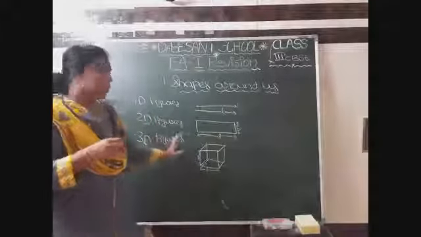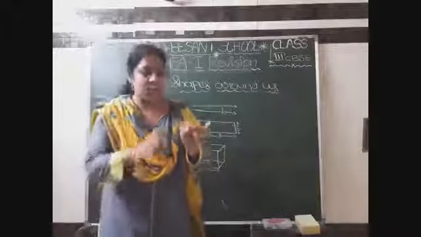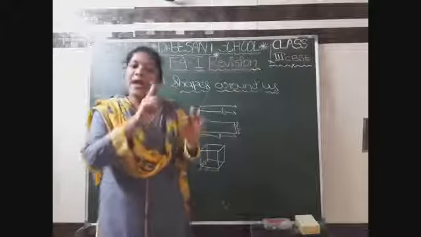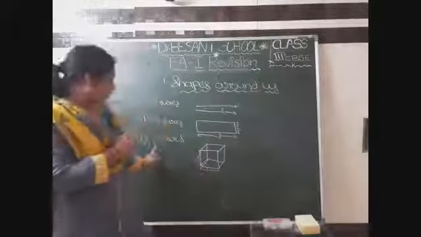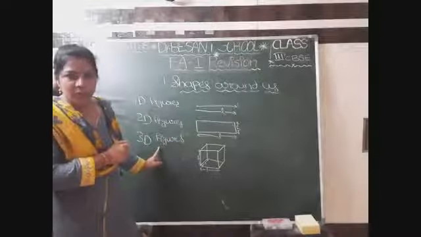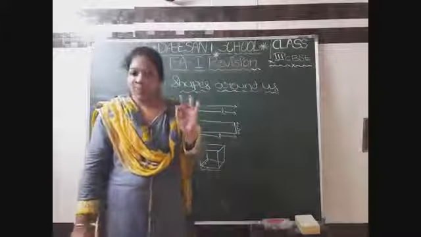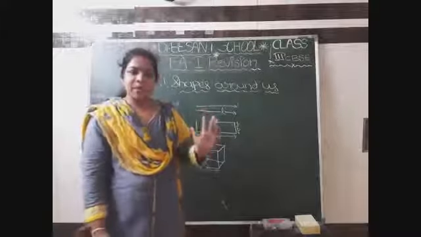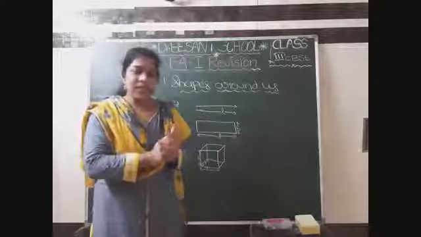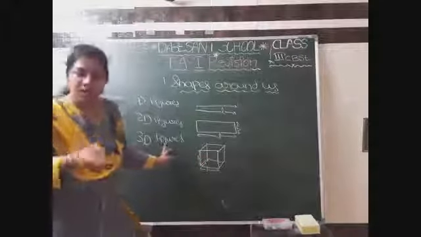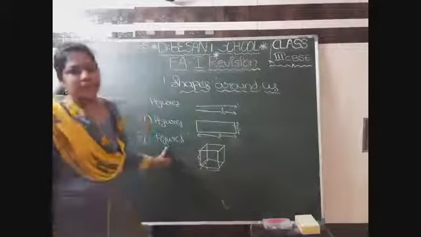Now coming to 3D figures: the figures which have 3 dimensions, length, breadth and height, are called 3-dimensional figures. The examples are cube, cuboid, cone, cylinder, sphere. These 3D figures are also known as solid figures. Solid shapes are 3-dimensional figures. We can call them like that also.